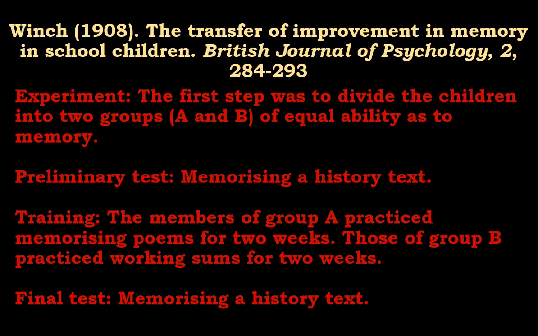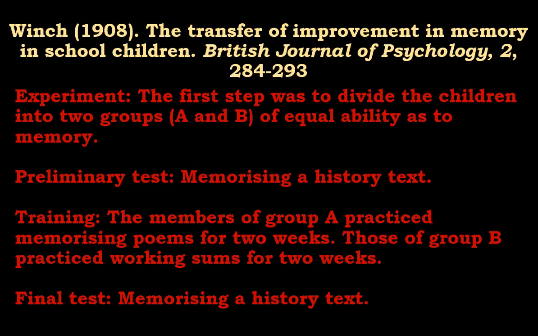So that's why he does a test in memory in order to separate the participants, which are children, into groups. So that is the characteristic that is the same in the two groups, the memory performance before the test.